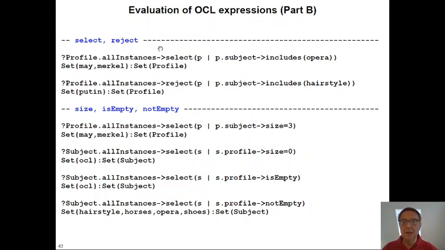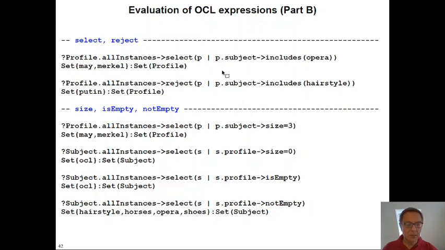So with a P, we will iterate over the argument of the select, and then we have the vertical bar which separates the variable, and the select on the right-hand side has a Boolean term which decides whether the respective element will be included in the result or not. And the Boolean term that is used here is p.subject includes opera.